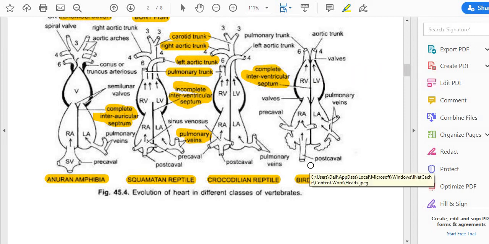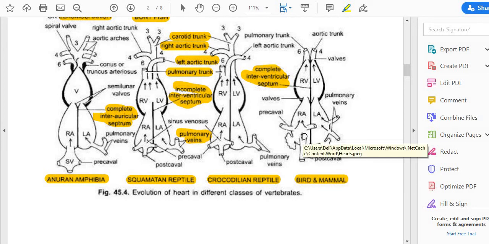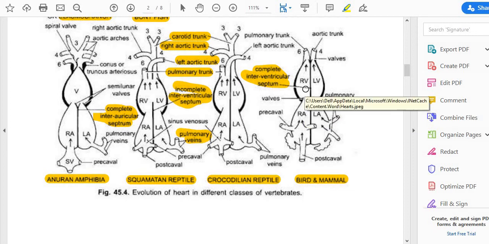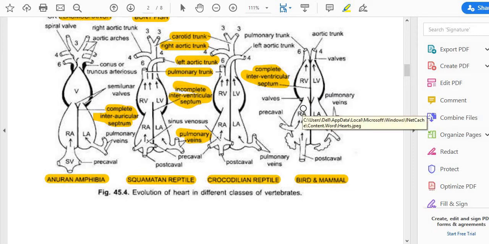Now the deoxygenated blood from the precaval and postcaval veins enters into the right auricle. So always the right auricle is receiving deoxygenated blood. From the right auricle the blood enters into the right ventricle. In between the right auricle and right ventricle we see valves, and those valves are tricuspid valves.